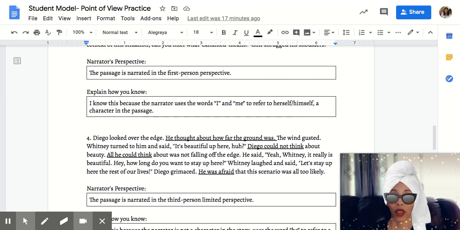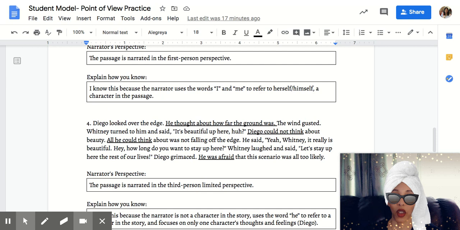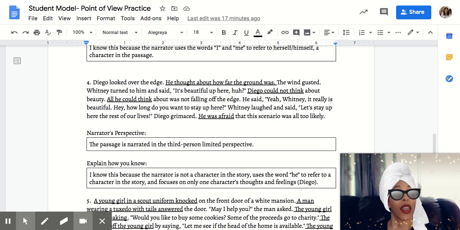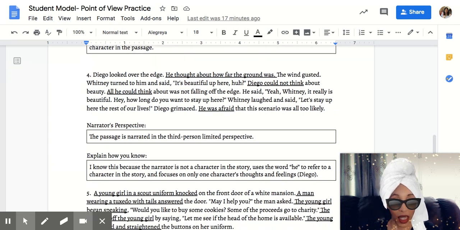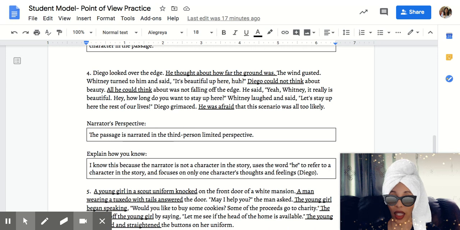The passage, after she's underlined, she realizes that it's third person limited. And she knows this because the narrator is not a character in the story, uses the word he to refer to the character in the story, and focuses only on one character's thoughts and feelings. And she puts in parentheses Diego. This is clearly an outstanding explanation.